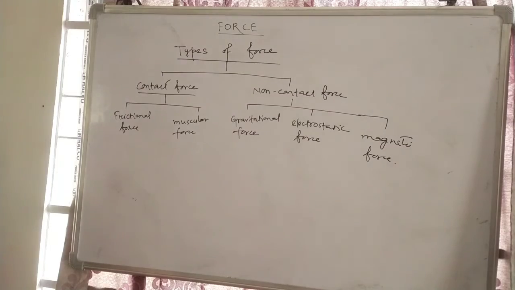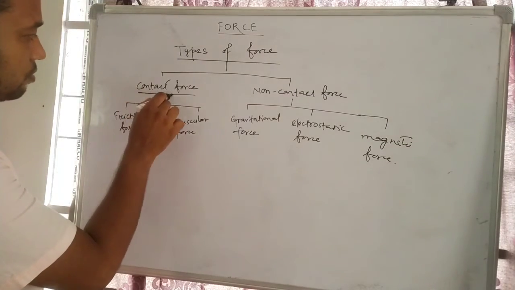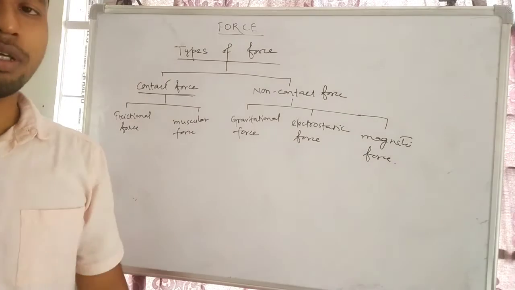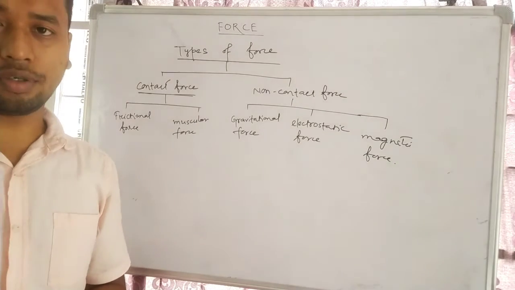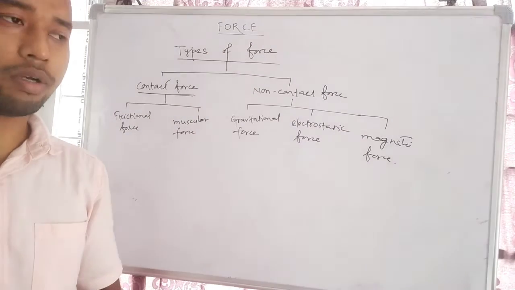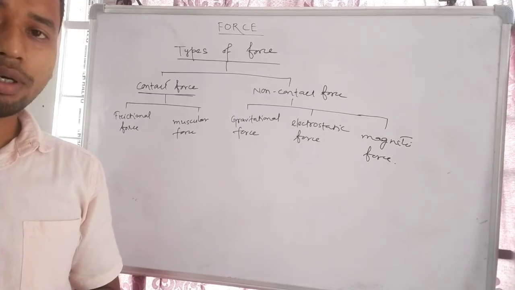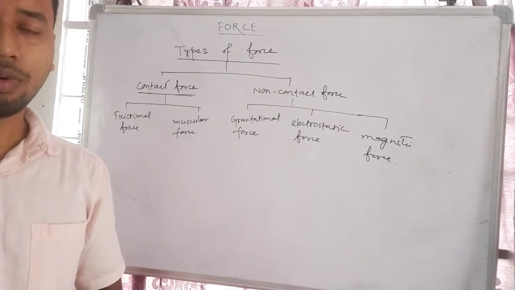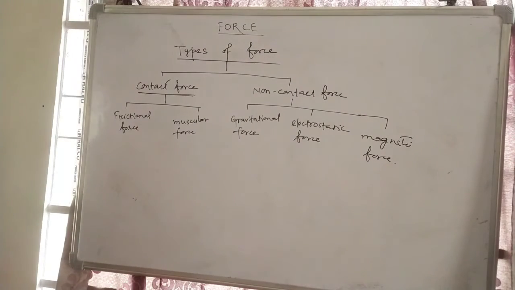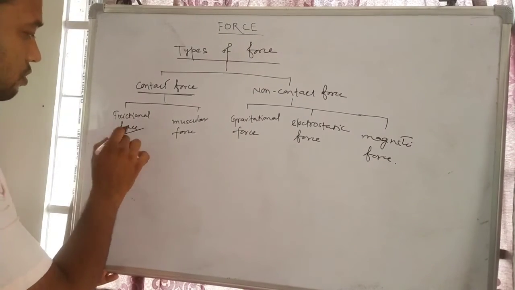First, what is contact force? Contact force is such type of force that comes in action only when two bodies are in contact, or we need to come in contact with the body to apply this type of force. Let's take the example of frictional force.